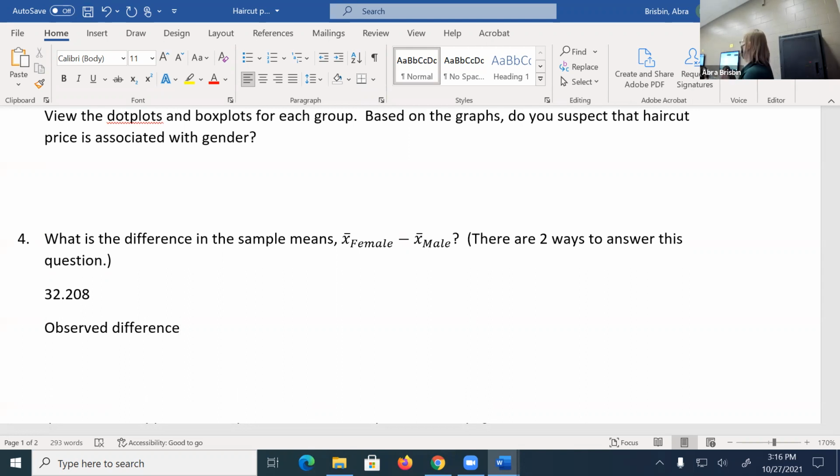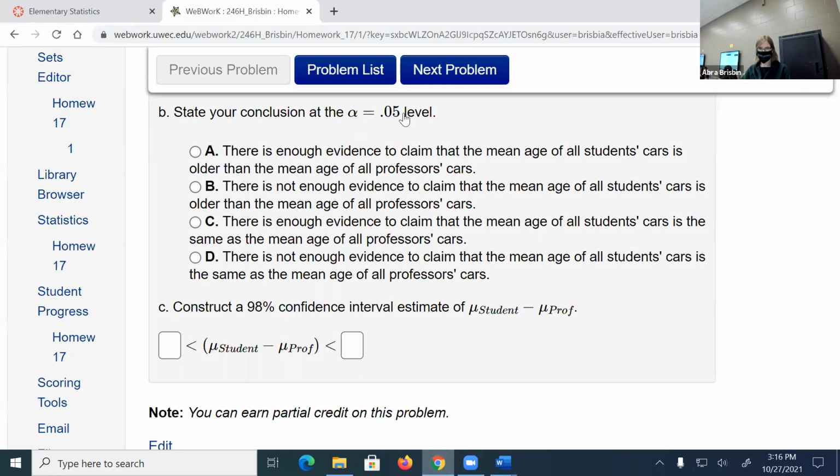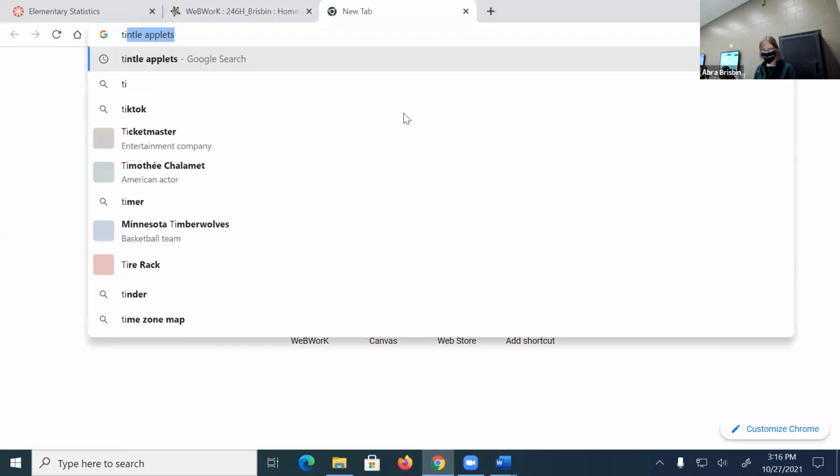Did anybody find or figure out this answer in a different way? Sarah? I think it was down in the table. I don't remember which ones, but I subtracted two numbers and got it. Yeah, so the other way to get the same answer is to open up the table.